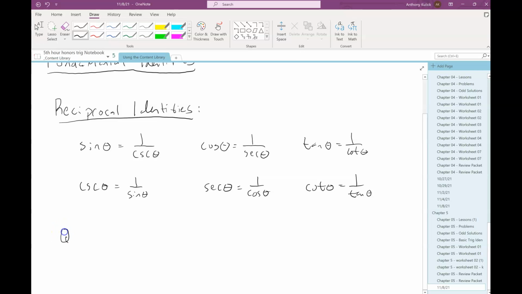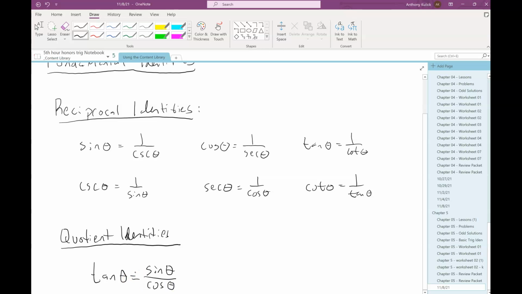Similarly, we have two what we call quotient identities. So remember on the unit circle that tangent is equal to y over x, right? And on the unit circle, the y coordinate is sine and the x coordinate is cosine. So if we put that together, then tangent is equal to sine over cosine, right?